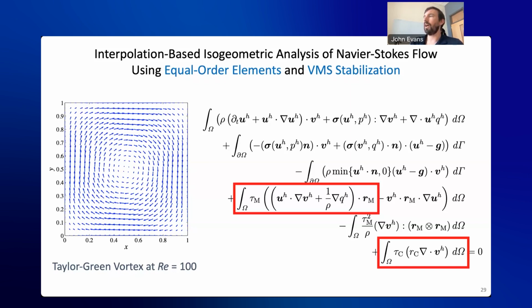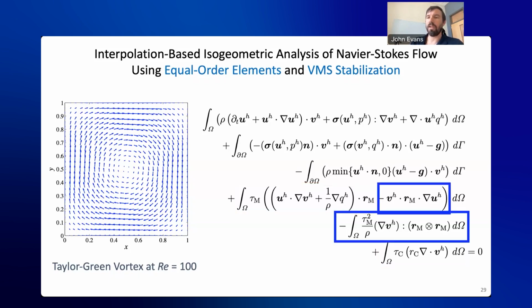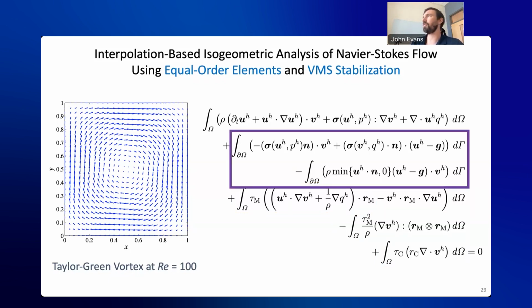So here represents our SUBG stabilization term, SUPG and PSPG stabilization terms, our grad-div stabilization term, and then we have some non-standard stabilization terms coming from VMS, as well as our terms associated with reinforcement of Dirichlet boundary conditions.